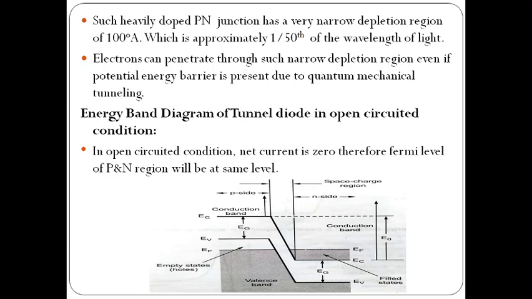First, I am considering the open circuit condition, that means we are not applying any voltage to the P and N regions. In open circuit conditions, we know in a PN junction the net current is 0. Here we are observing the energy band diagram.